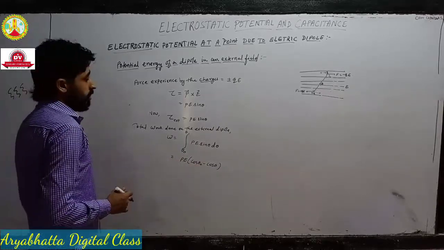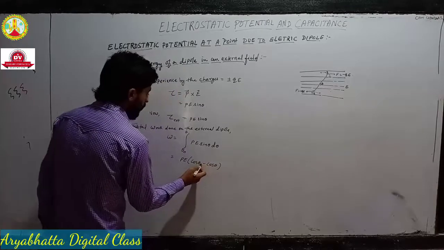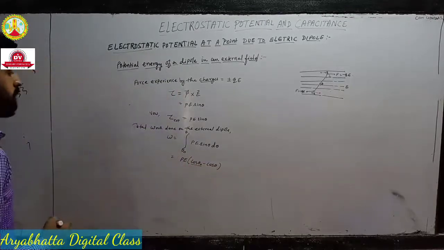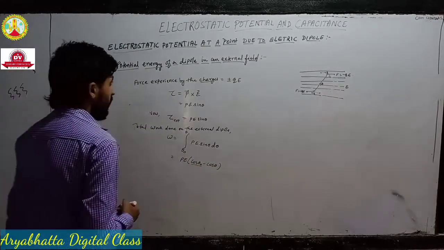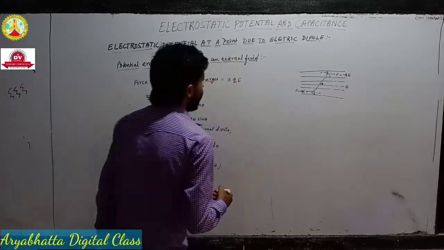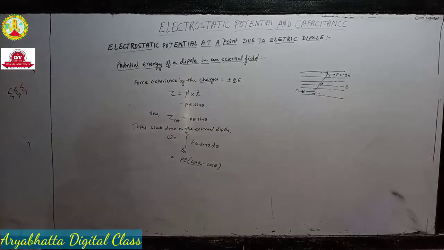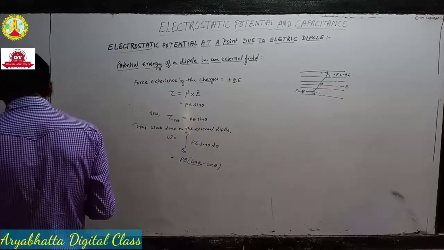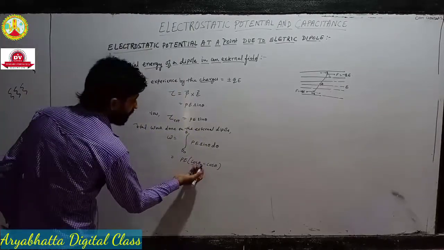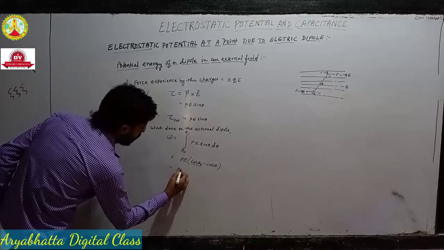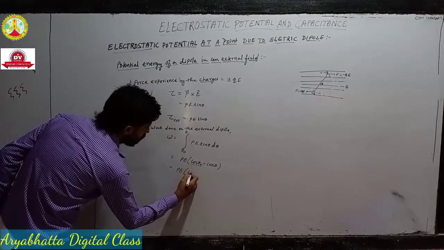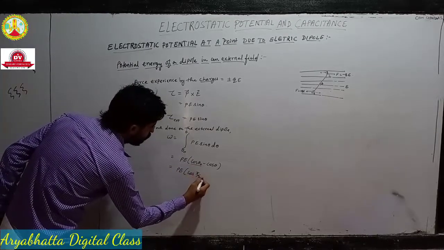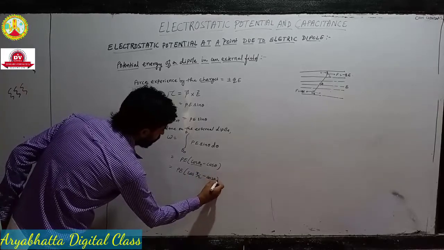Now initially, if I consider theta to be 90 degrees, what will I get? PE times cos of pi by 2 minus cos of theta.